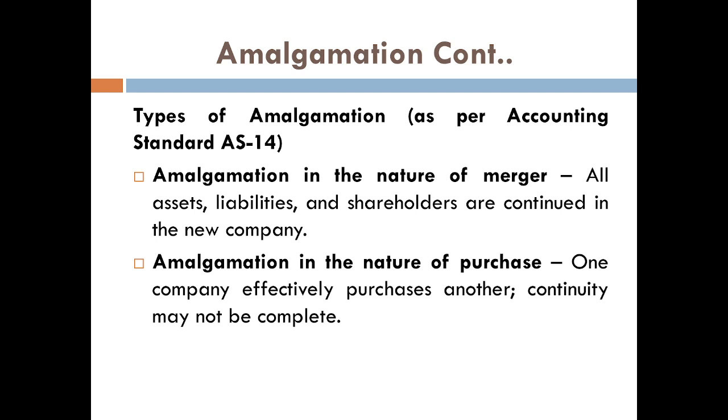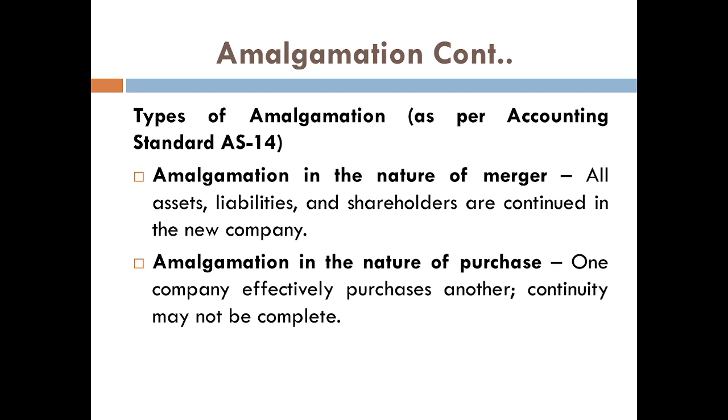Likewise, the liabilities of X Limited and liabilities of Y Limited, added together, will be shown in the new company. Likewise, the shareholders of X Limited and the shareholders of Y Limited, both the selling companies, will become the shareholders of Z Limited. So this is amalgamation in the nature of merger.